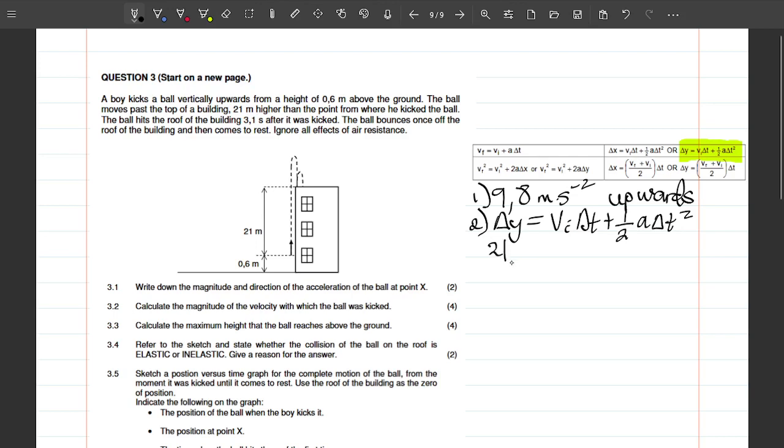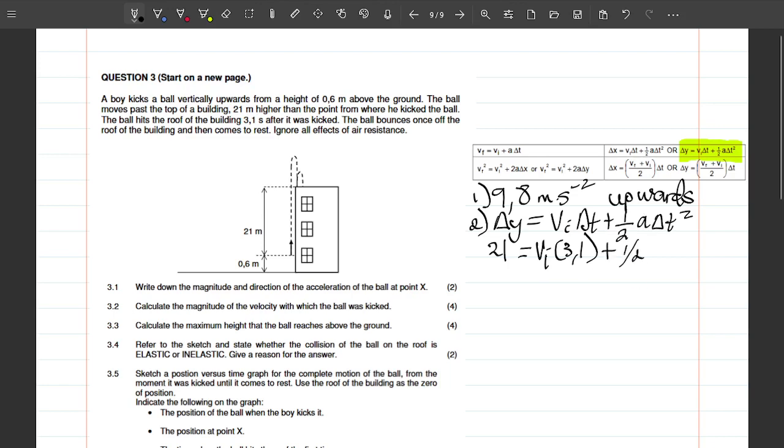And vi is what I'm trying to calculate, so that's just vi. And then what is the time? The time that it takes to cover that height is 3.1 seconds. Then plus a half.